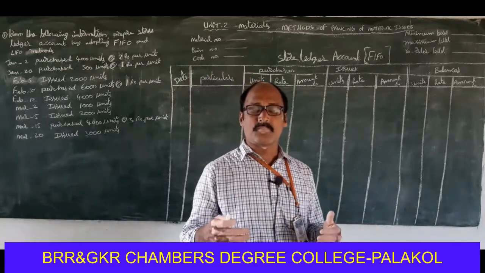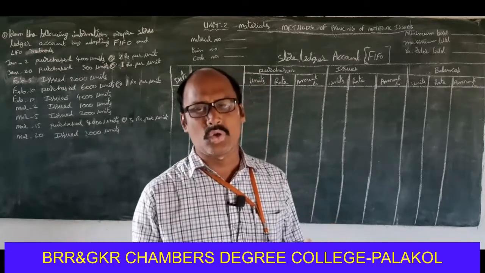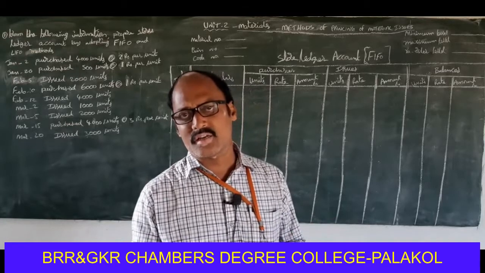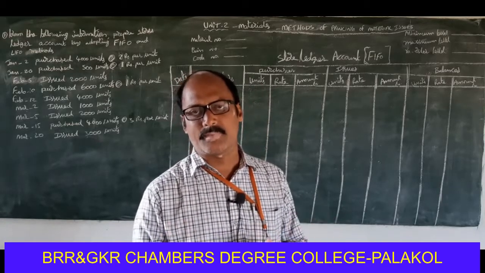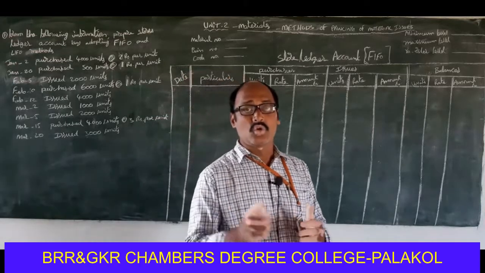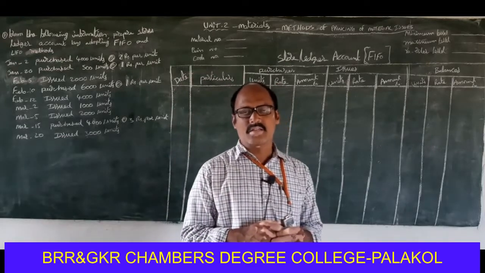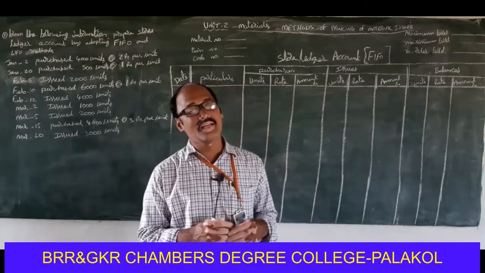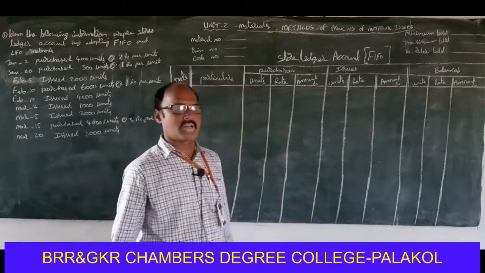So for purchases the technical term used is goods received note number. For issues the technical term used is material requisition note number. Once again, for purchases goods received note number, for issues material requisition note number. MR number, GR number.